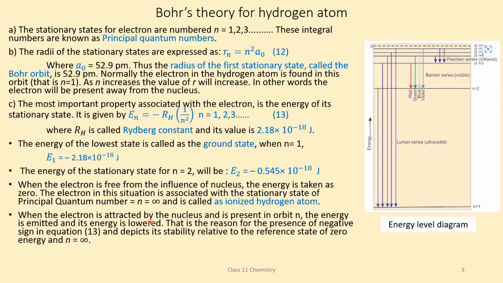When the electron is attracted by the nucleus and is present in the orbit n, the energy is emitted and its energy is lowered.